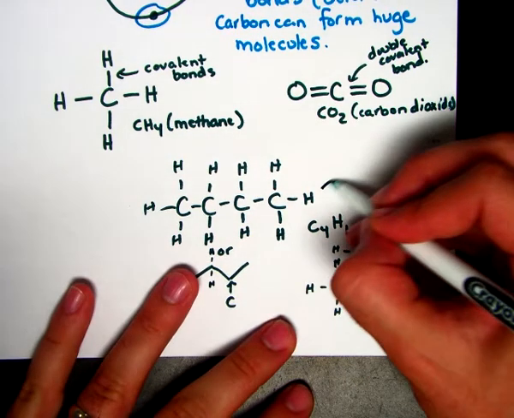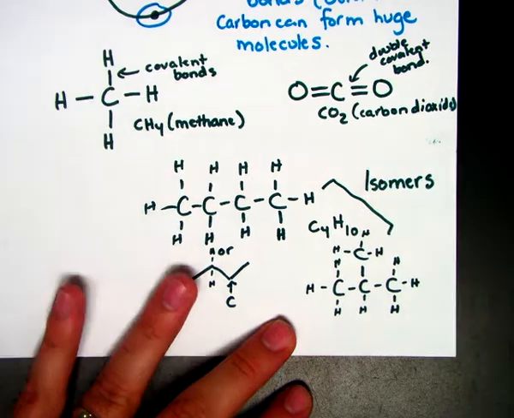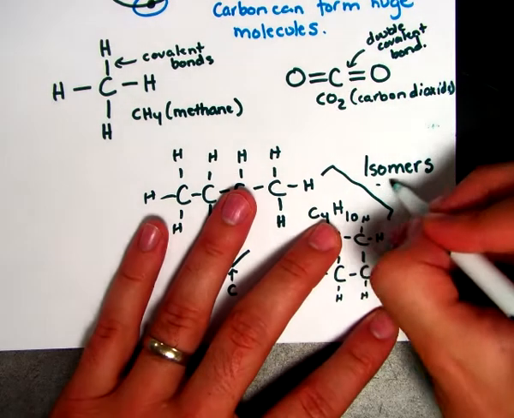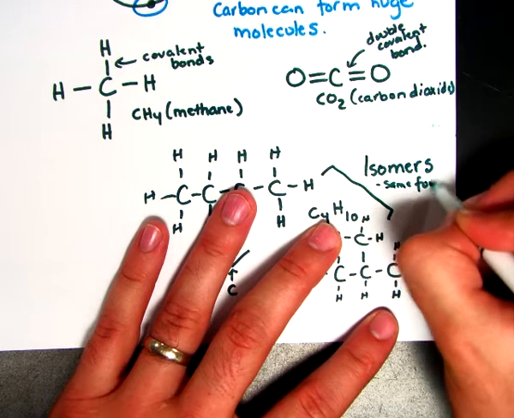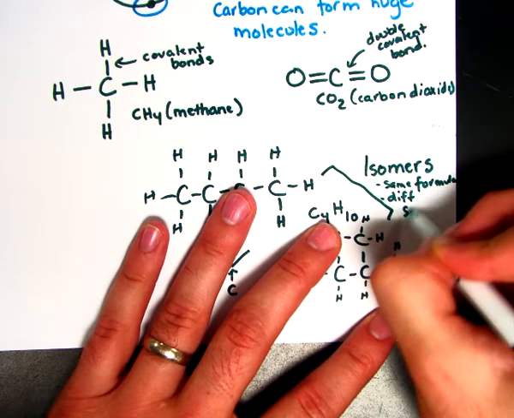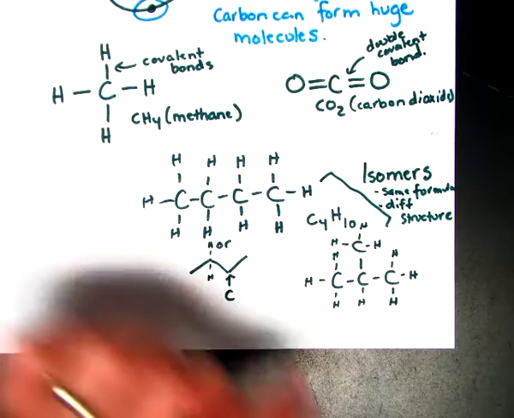We call these 2 isomers. That just means that they have the same chemical formula, but different structure. All right, one's linear, one's branched in this case.